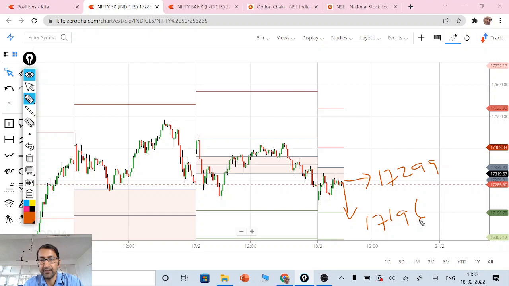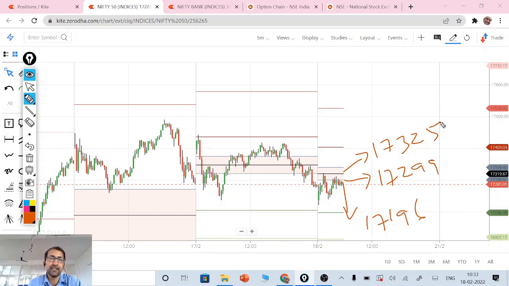So I suggest my viewers to short Nifty at 17,300 levels. Place the stop loss at 17,325 for a target of 17,200 or 17,196. It's always better to short Nifty today, with all the data of FIIs and the option chain suggesting that Nifty may touch 17,200 levels. So that is the view.